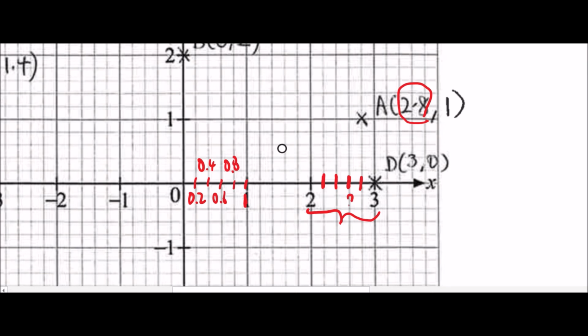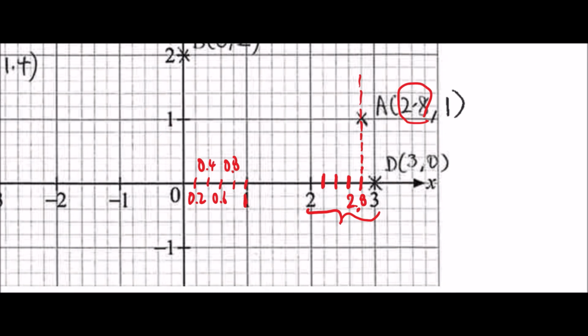Once you have located 2.8, you can use a ruler and draw a dotted line upwards, not too far, because you know that 1 is somewhere around here. That tells you that A should lie along this dotted line because that is the x coordinate of point A.